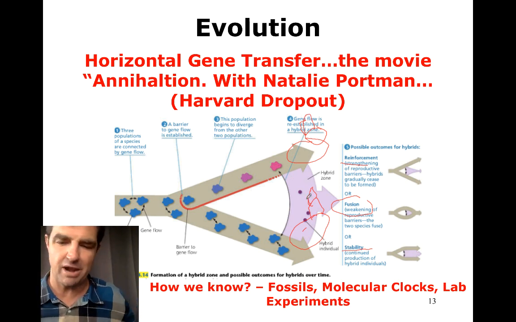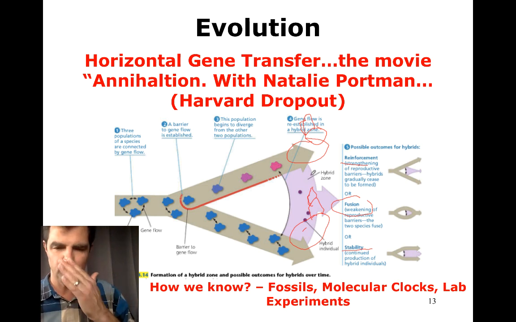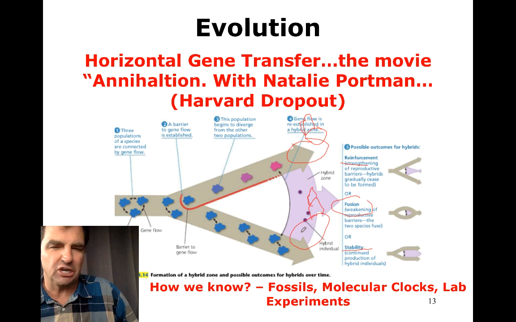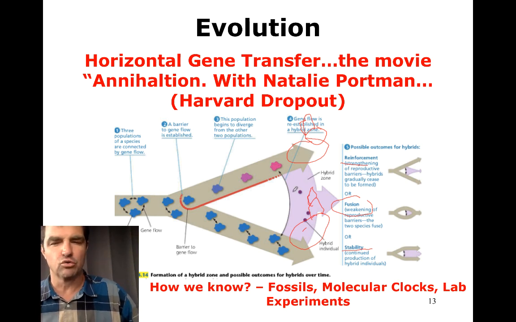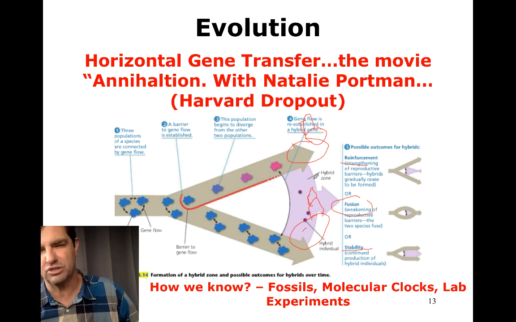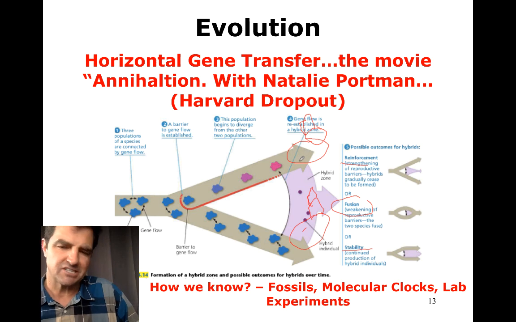But let's say you have a rabbit, and the rabbits are different in one way or another. And although they're one species, they look a little different. Maybe one group of them tends to be darker, one tends to be lighter, or one has longer legs than others. Maybe they live in different regions, but they still reproduce with each other. And so you have this gene flow that goes back and forth. That's a hybrid zone.